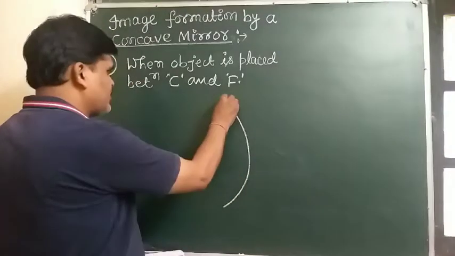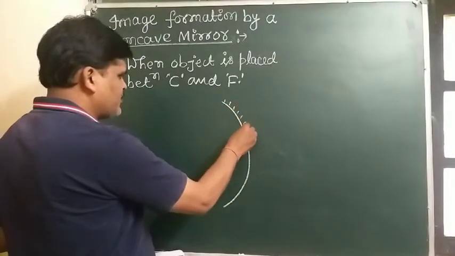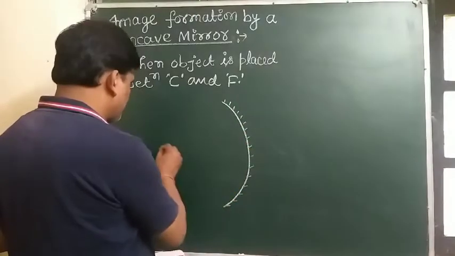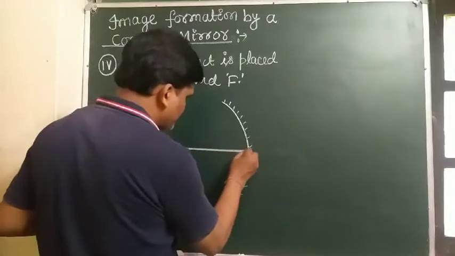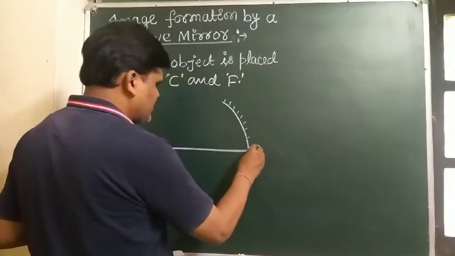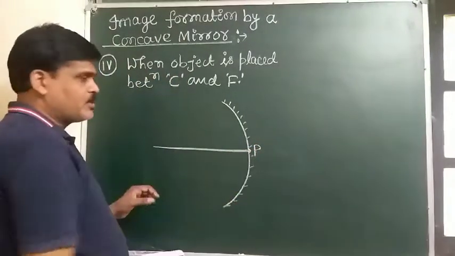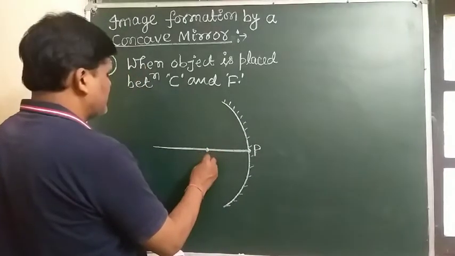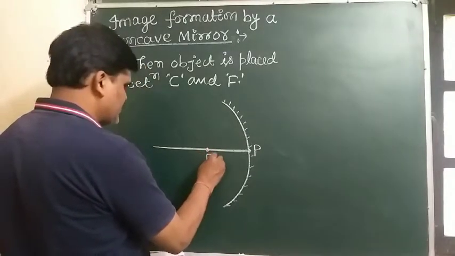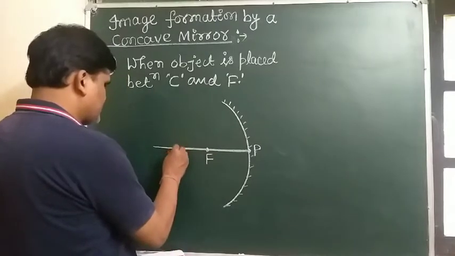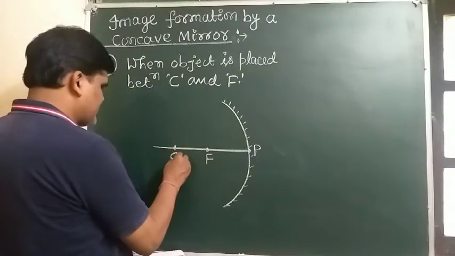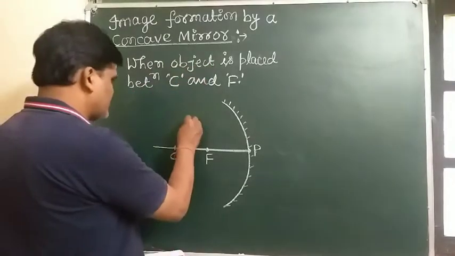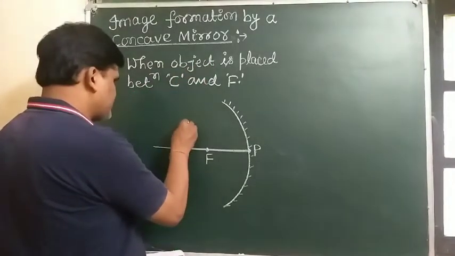This is the diagram: this is the concave mirror, this is the pole of the spherical mirror, this is the focus, and this is the center of curvature. The object is placed between C and F.